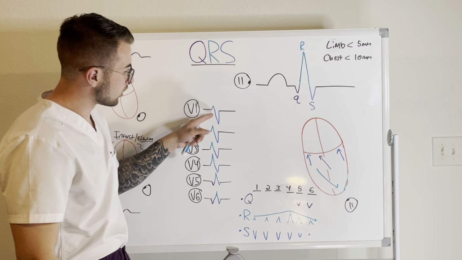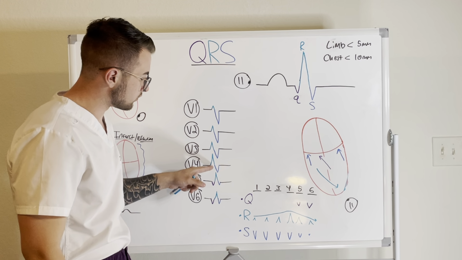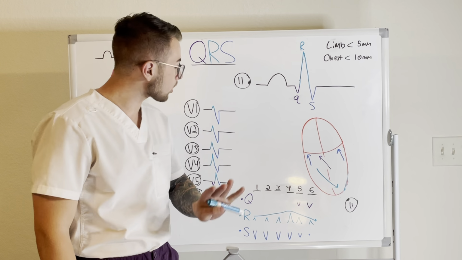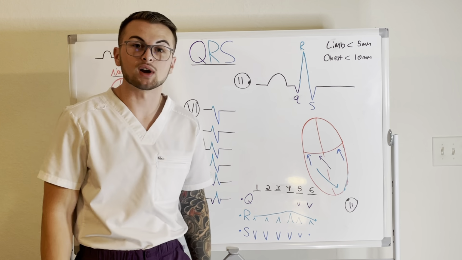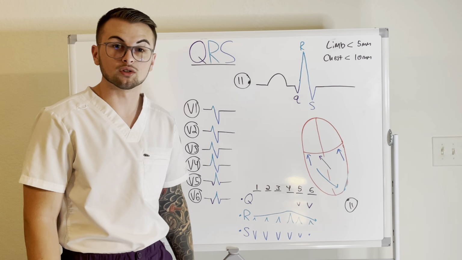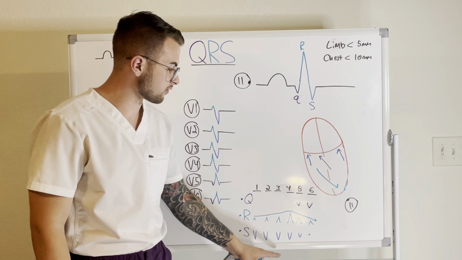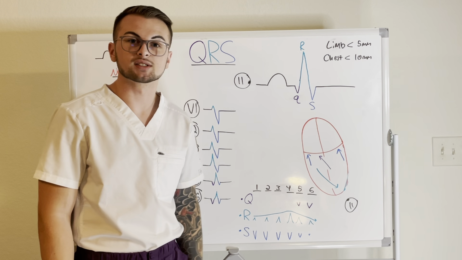We can see this here. Steady rise from V1 to V4 and then slowly back down to V6. Also, we know that the S wave is present in all of the precordial leads or chest leads, but it sort of tapers off from V4 to V6.